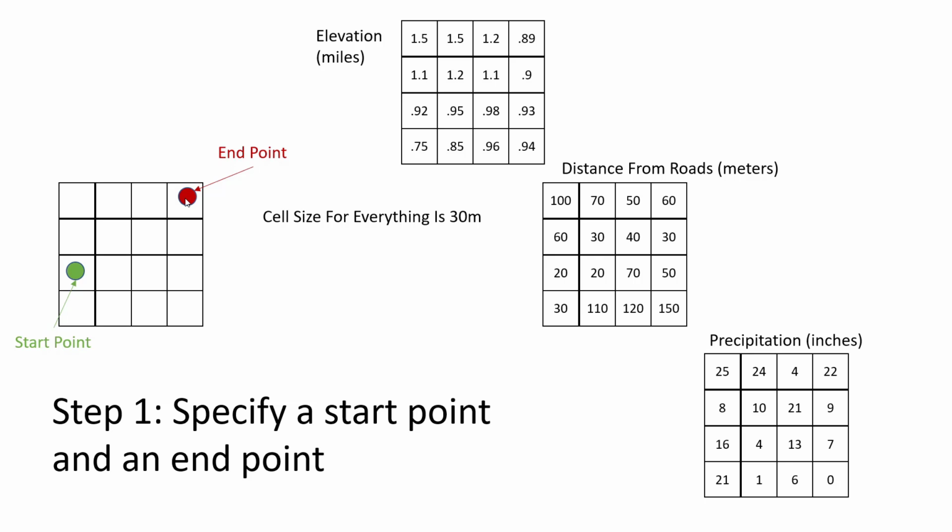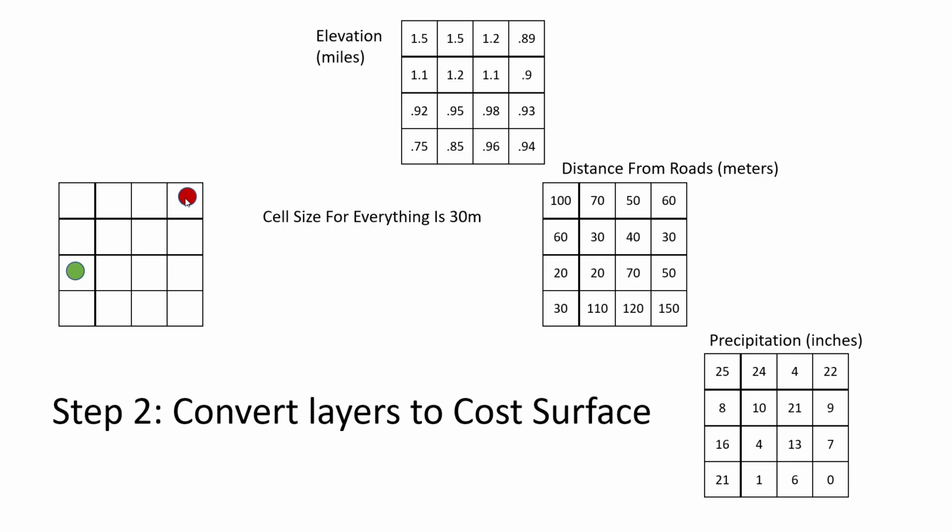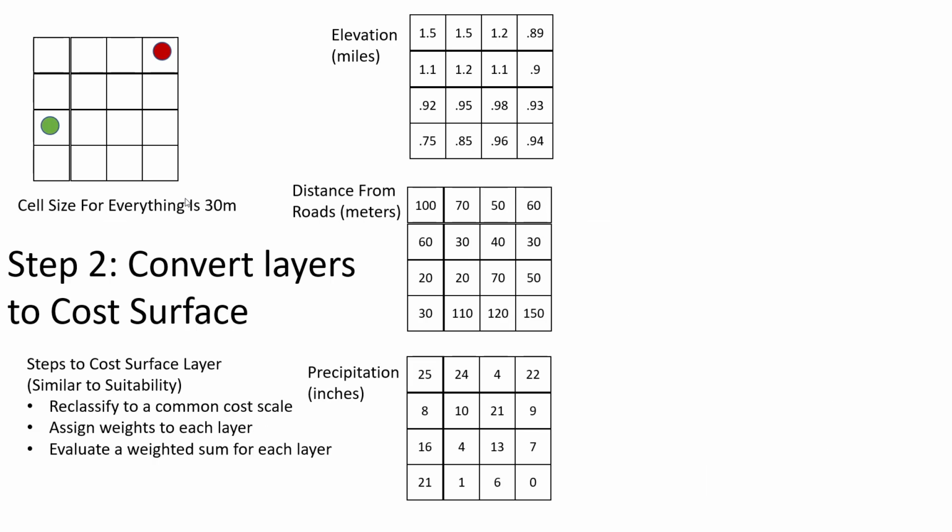Next, we need to convert everything to a cost surface. And like I said before, this is going to look very similar to the weighted overlay. And in fact, it has the same steps as weighted overlay, where we're going to reclassify to a common scale, assign weights to each layer, and then calculate a weighted sum for that system.